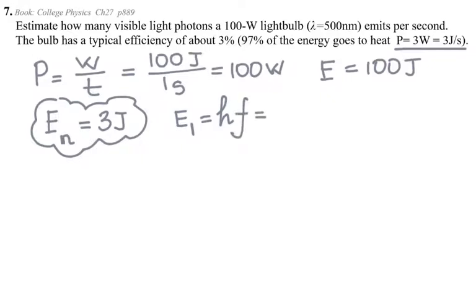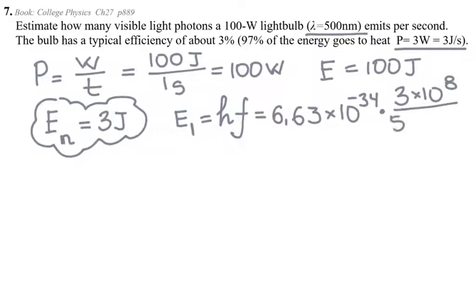They don't give me the frequency, but they give me the wavelength. So that is 6.63 times 10 to the negative 34th. And instead of the frequency, I have the speed of light, 3 times 10 to the 8, over the wavelength, which they give you as 500 nano, 10 to the negative 9 meters.